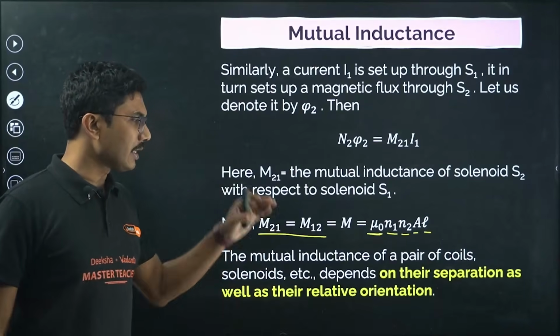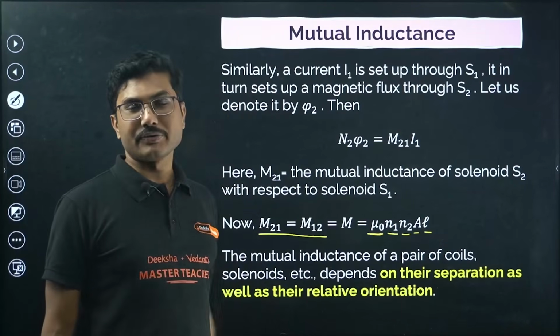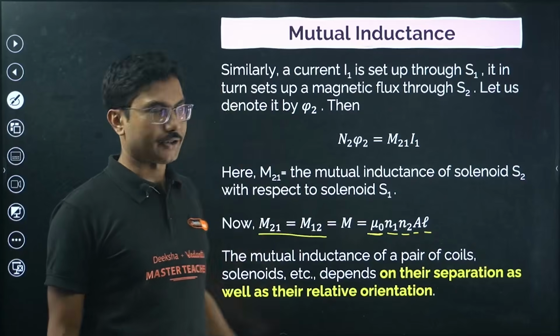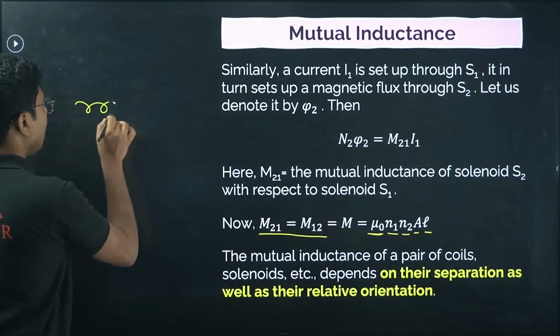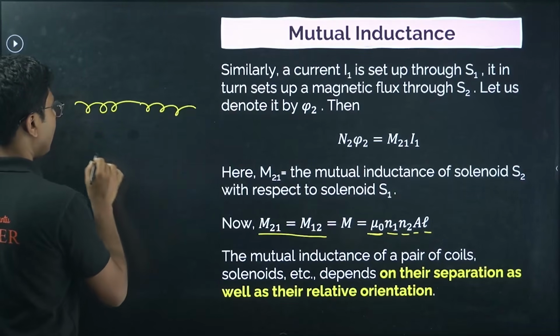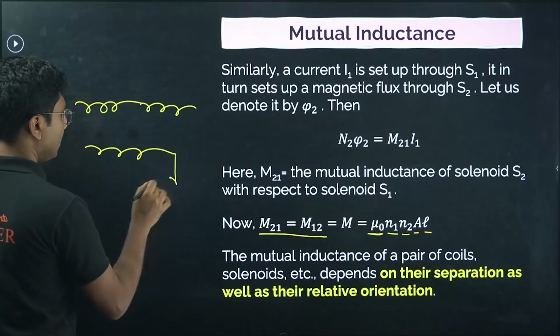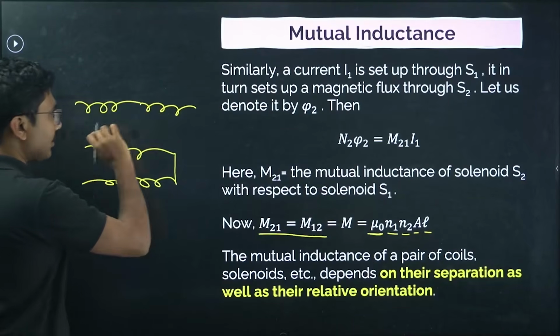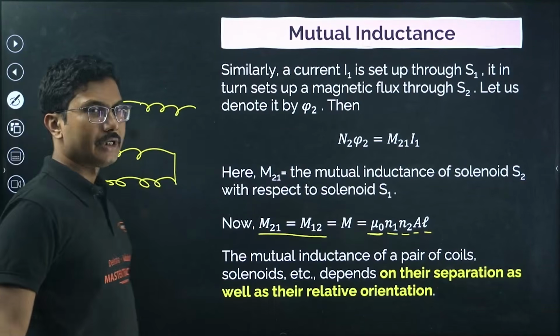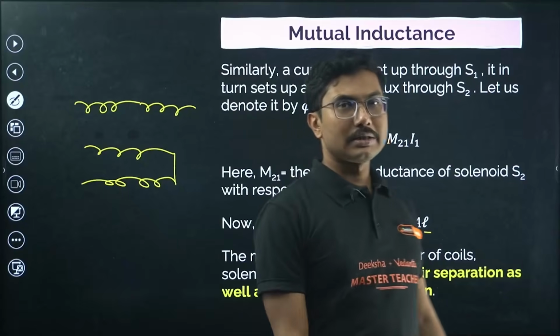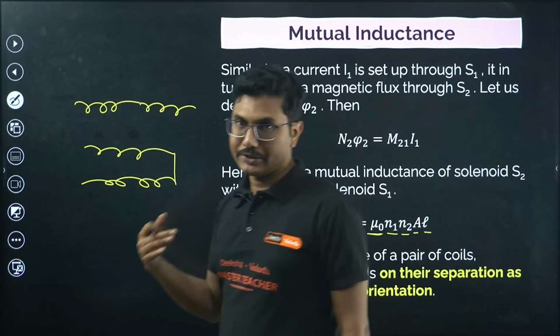So it depends on their separation as well as their mutual orientation. Suppose this is a coil and this is another coil; the mutual inductance between these two coils and these two coils will also be different.